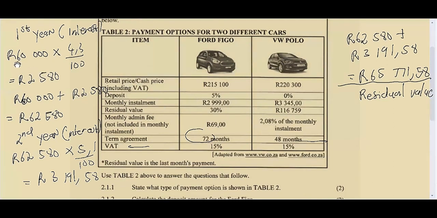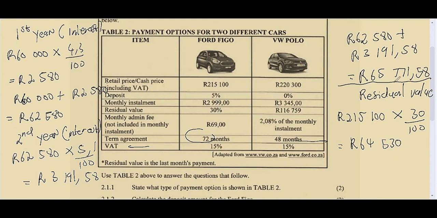So in order to calculate the residual value, we need to say 215,100, then multiply that by 30%, right? Then we find an amount of 64,530, right?